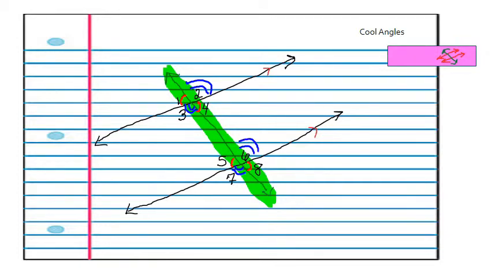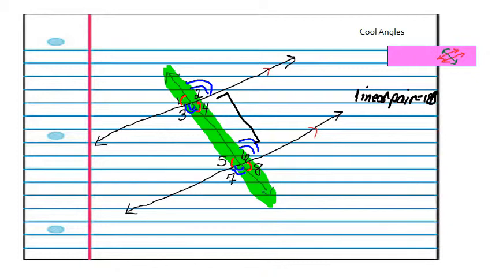Very good. That's a reminder that we have linear pairs that we already talked about, linear pairs that equal 180 degrees. But we also have another supplementary property happening. And supplementary means two angles that we add together to equal 180 degrees.